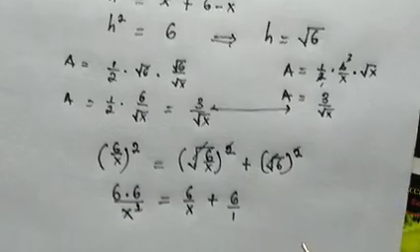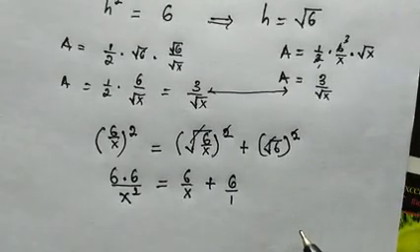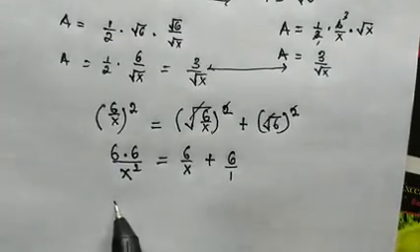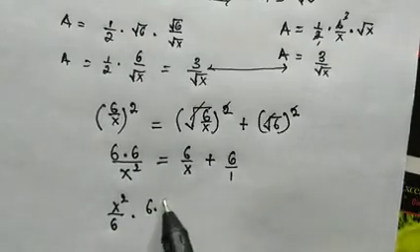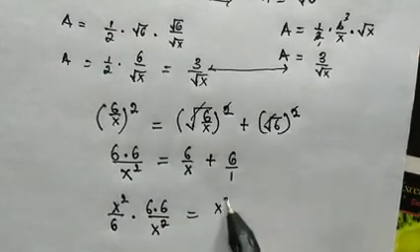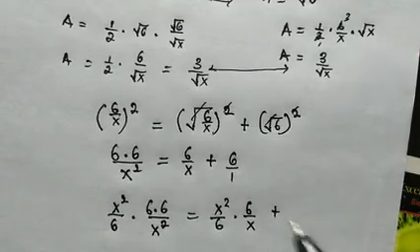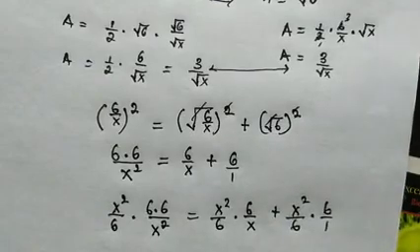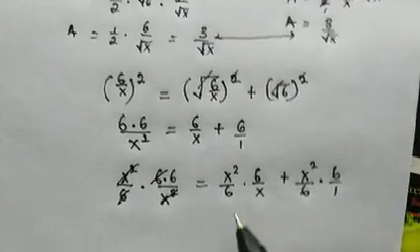Put this over 1. Then we're going to multiply both sides by x squared over 6. Here we have x squared over 6 multiplied by 36 over x squared. This is equal to x squared over 6 times 6 over x plus x squared over 6 multiplied by 6 over 1. 6 cancels 6, x squared cancels x squared here.